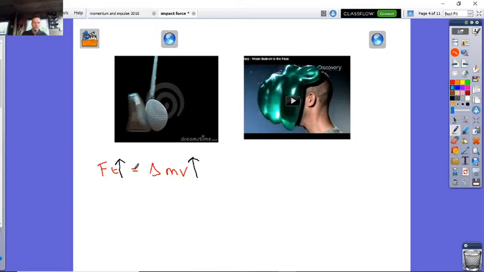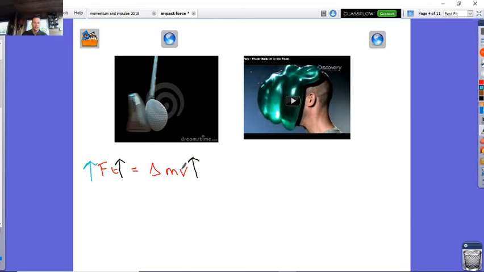Also, if you make the force bigger, you make this bigger as well. But there's a limit to how much force a golfer can apply. The main thing they work on is impact time, because these golfers are not the strongest people in the world. Therefore, they really increase the impact time to make a well-timed shot, and that's the same with tennis, etc.